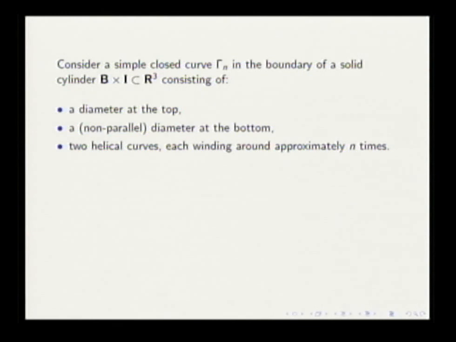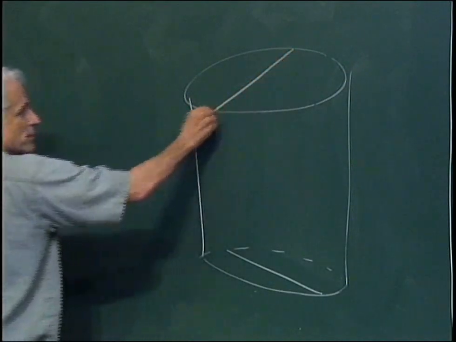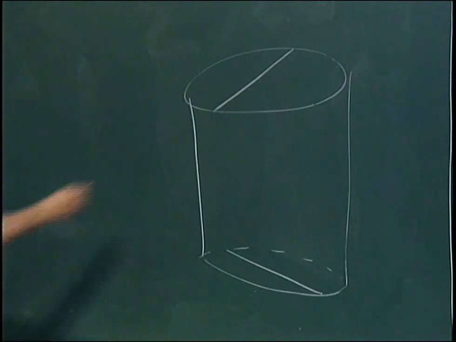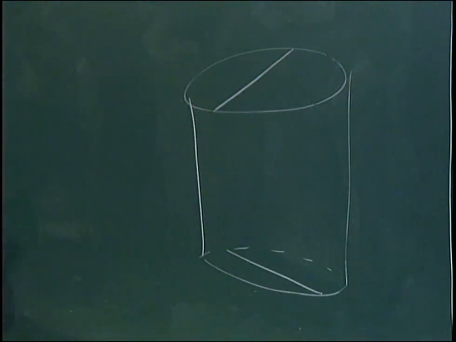So consider the following simple closed curve. It's a curve on the boundary of a solid cylinder in R3. It consists of a diameter across the bottom and another diameter across the top, and then you want curves on the sides of the cylinder joining the top to the bottom.